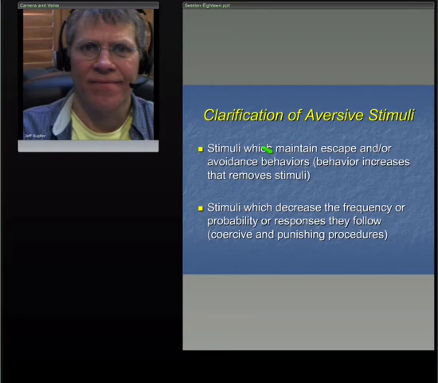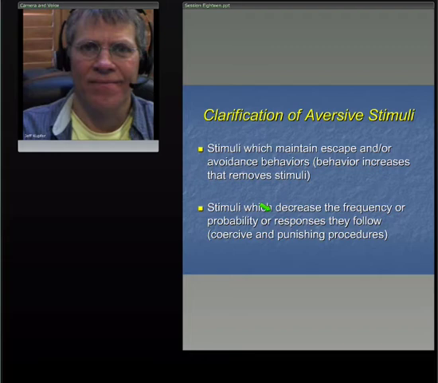And by the way, that is the defining feature of an aversive event. It maintains escape and avoidance responding. Okay? Of course, what could also happen is you could have ongoing operant behavior that's being reinforced in another situation, and when that behavior occurs, we present aversive stimuli contingent on that behavior.